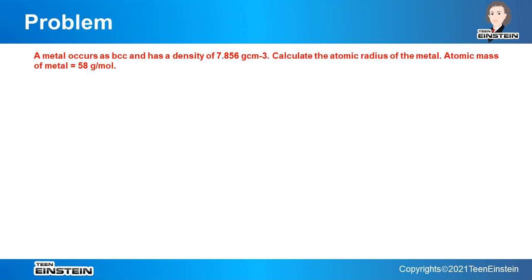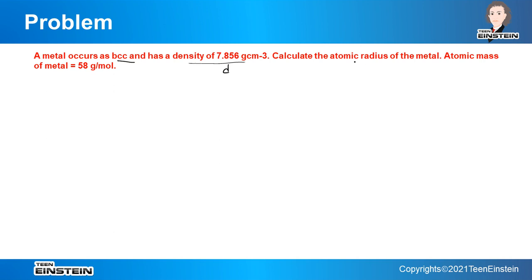Now we will apply this formula and we will see how we can find out one unknown value. So here, which unknown value we have to find out? Let's see. A metal occurs as BCC and it has a density which is given, that is D value is given 7.856 gram per centimeter cube.